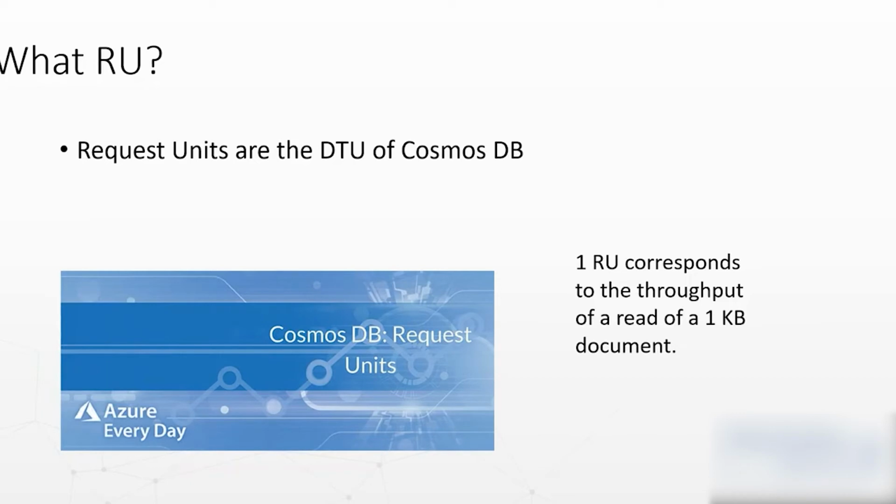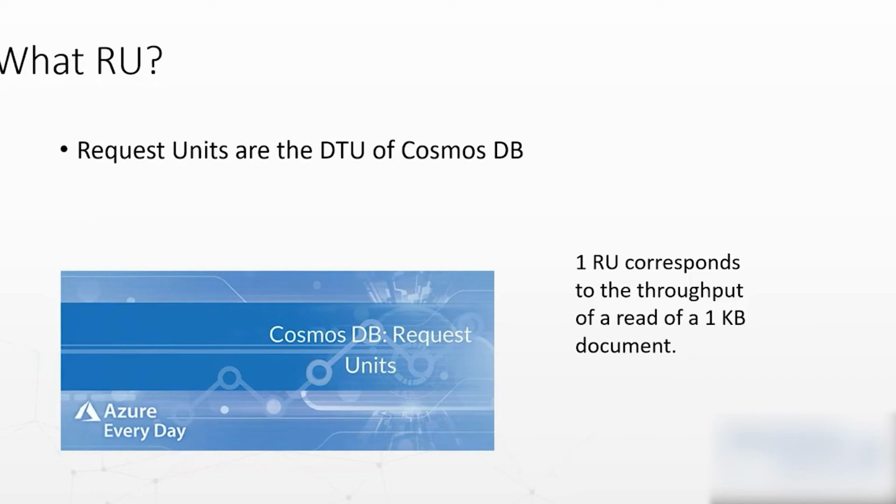DTU on the Azure SQL side stood for Data Throughput Unit, and it was sort of this amalgam, esoteric idea of the amount of CPU and memory and disk you were going to need for your throughput on your queries and on loading and reading data. It was never specifically defined as well as this, which is kind of nice in the RU world. And there are other options now on the Azure SQL side.